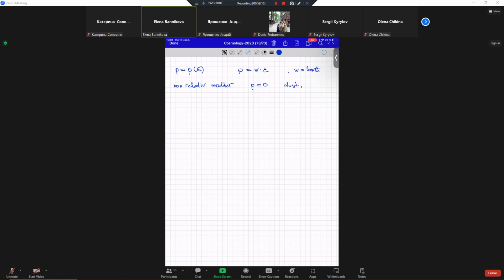It's not important on the cosmological scale. Again, cosmological scales are more than 100 megaparsecs.